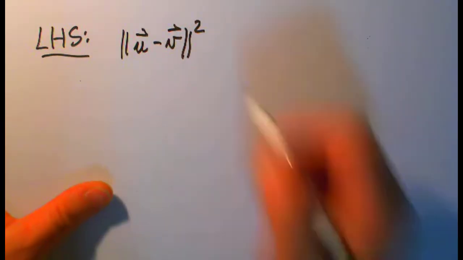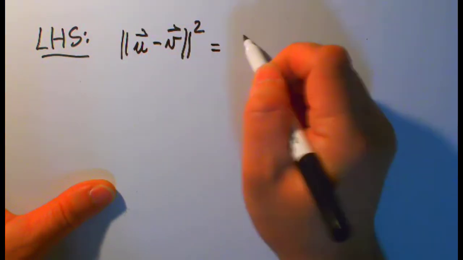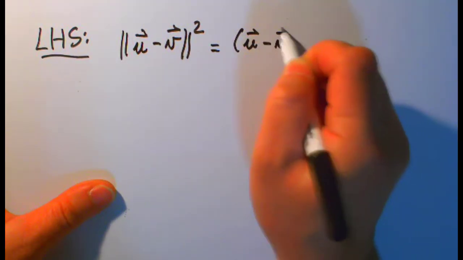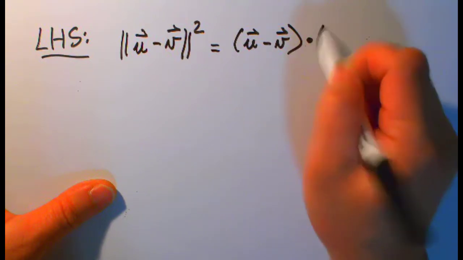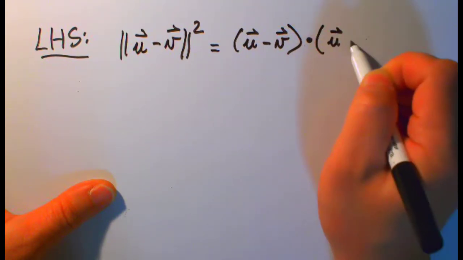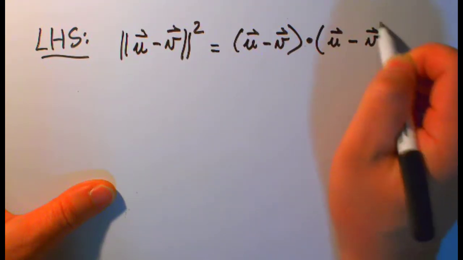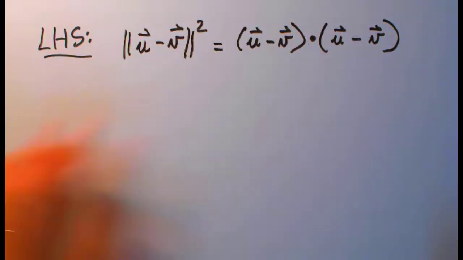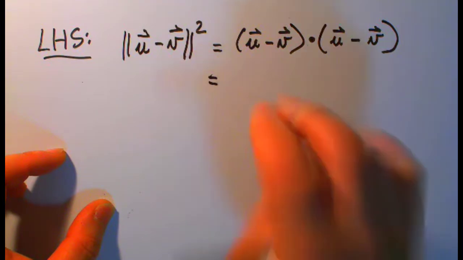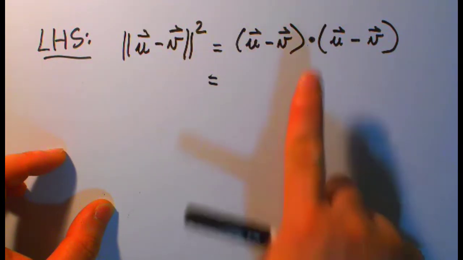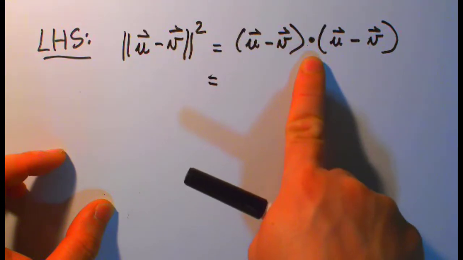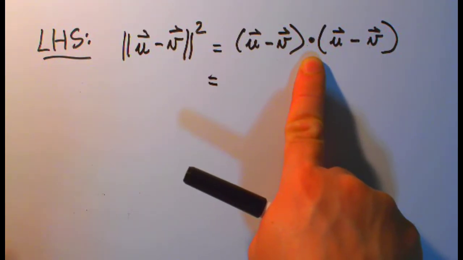Wait a minute, didn't we just learn that it's exactly and nothing but the vector u minus v dot itself, u minus v? And then carrying on from this step right here, remember we talked about how we can apply the distributive law on the dot product.